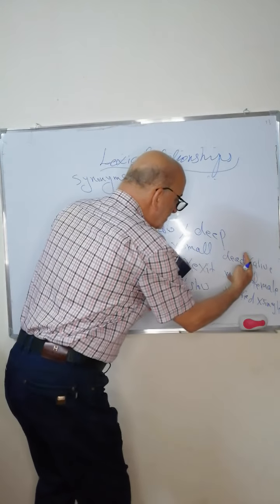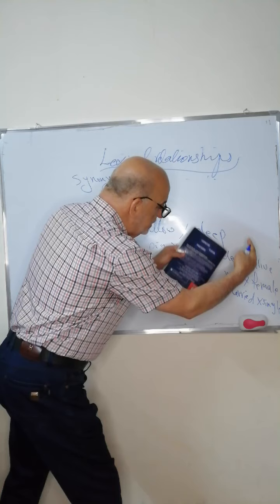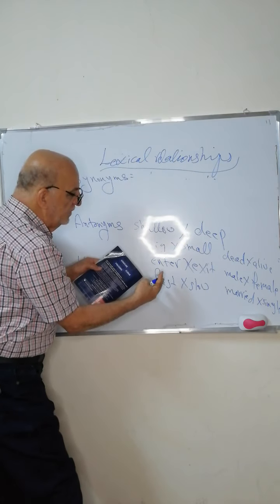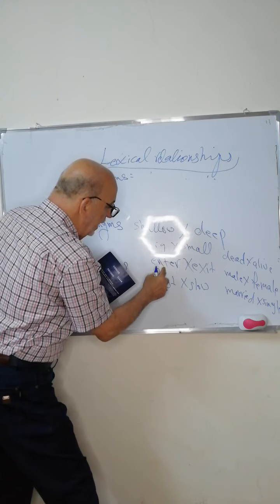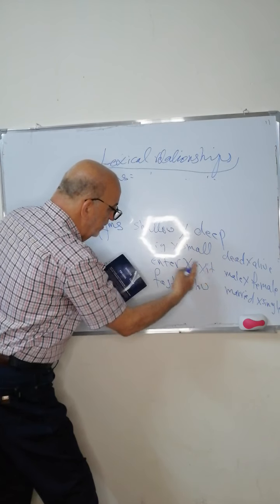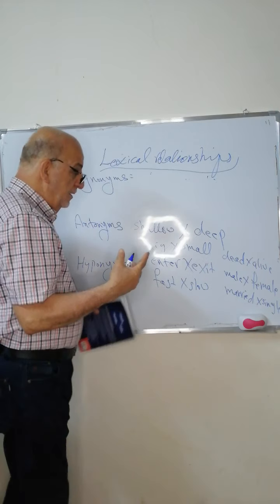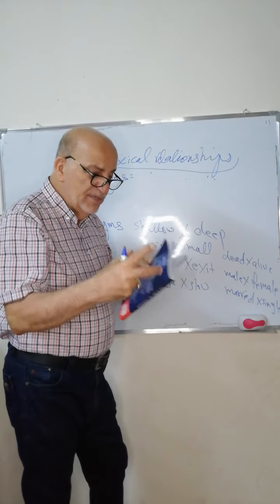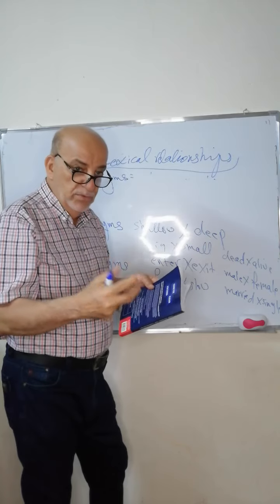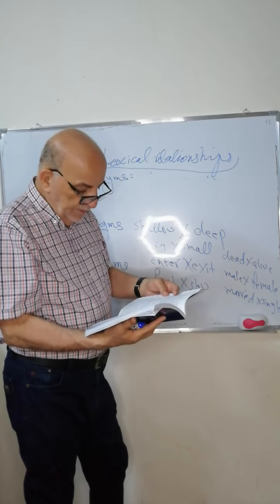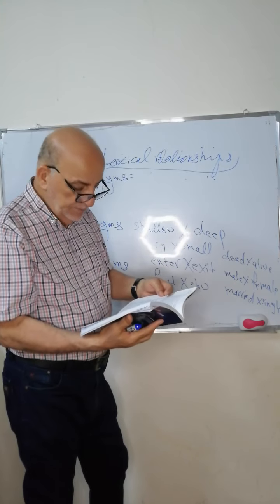Now, what is the difference between this group of antonyms and this group of antonyms: big, small, enter, exit? Of course, here we have verbs, here we have adjectives. So antonyms are not necessarily adjectives; they can be verbs also, as he says: enter, exit, happy, sad.